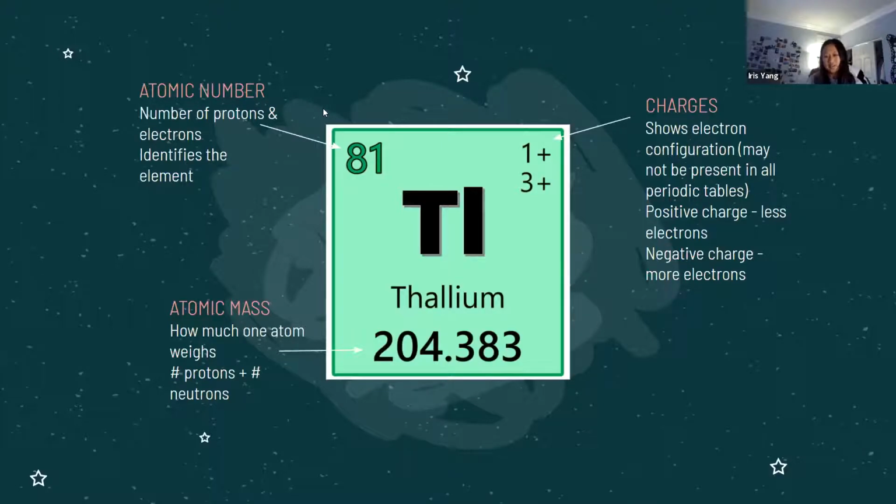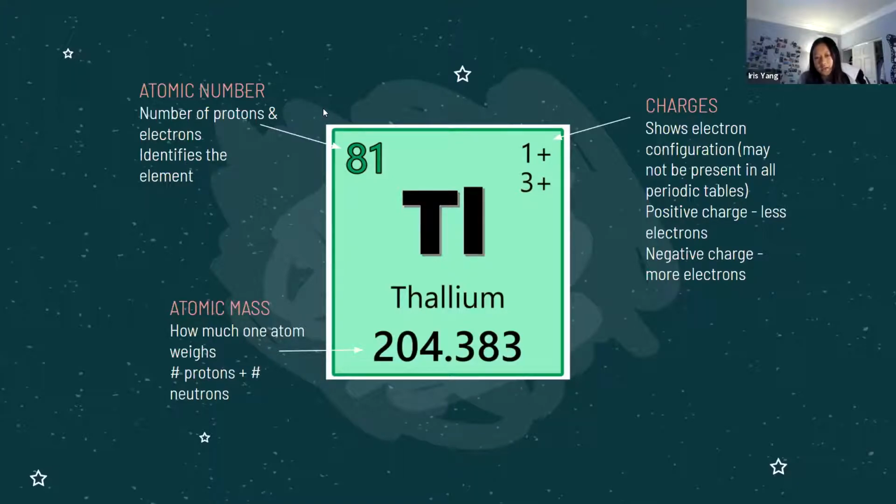For example, if 50% of thallium weighed 204 atomic mass units and 50% weighed 205, then the average would be 204.5, and that would be what's on there. That's not the actual number, but that's just how they get that number there.